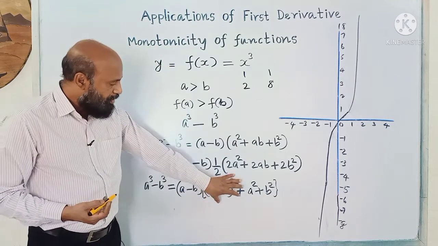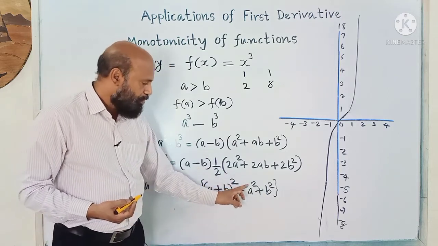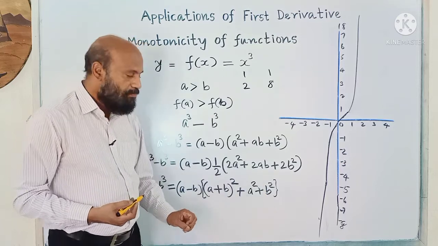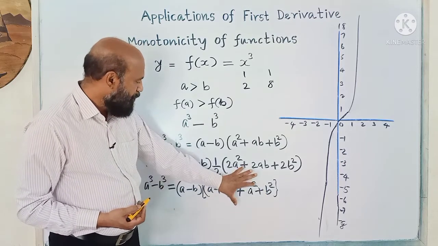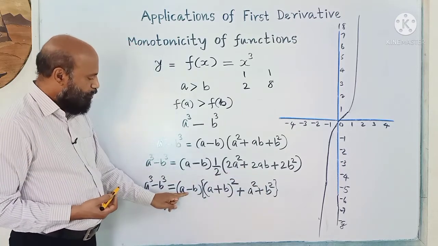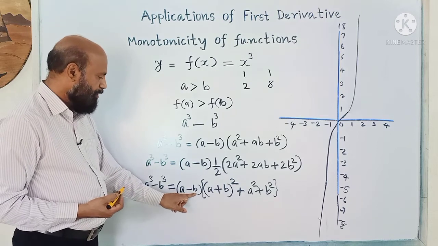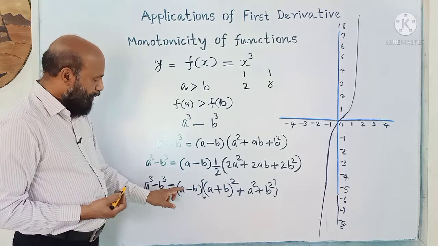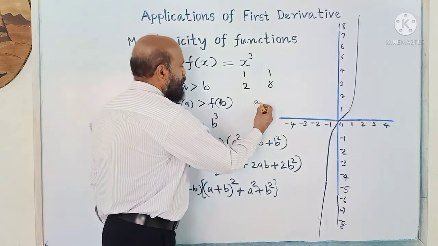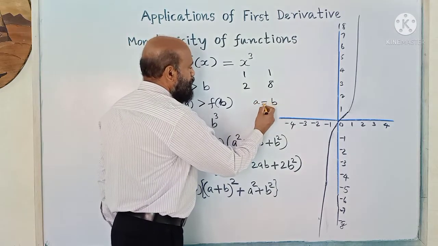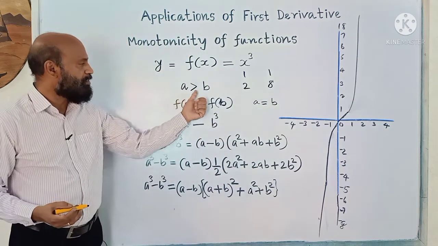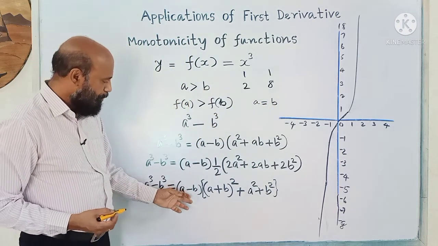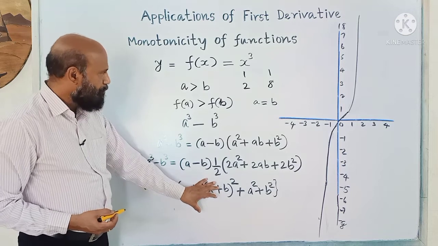So inside the bracket you can see all the terms are squared, so it cannot be negative, and a minus b cannot be negative because we assumed a is greater than b. It can be 0 when a is equal to b, but that is a contradiction. We have assumed a is greater than b, so it is positive.